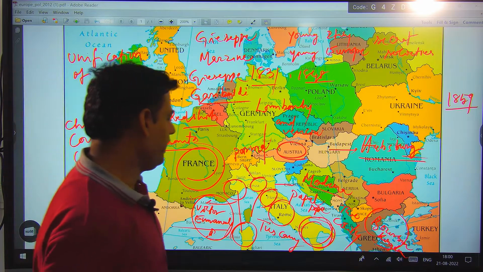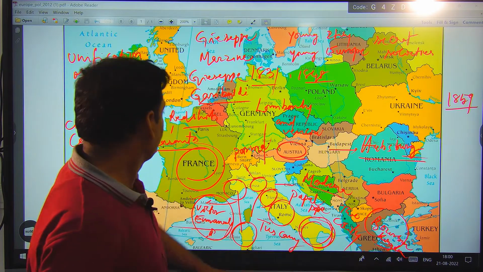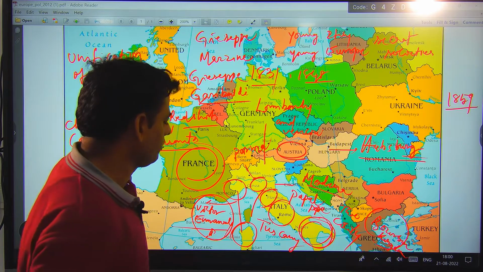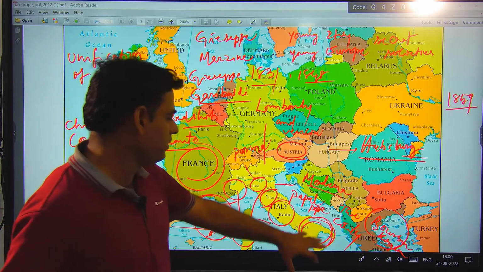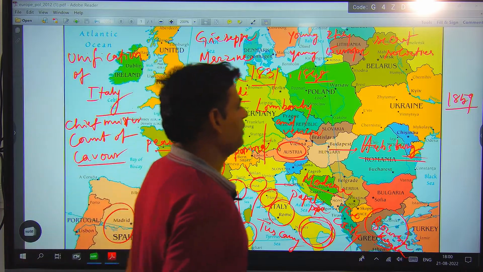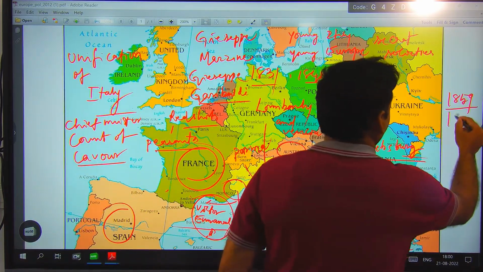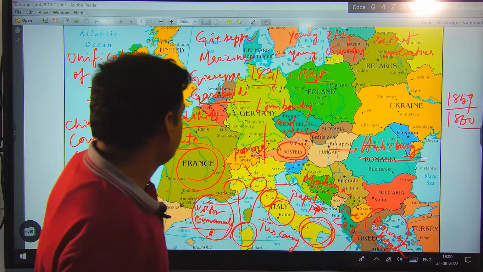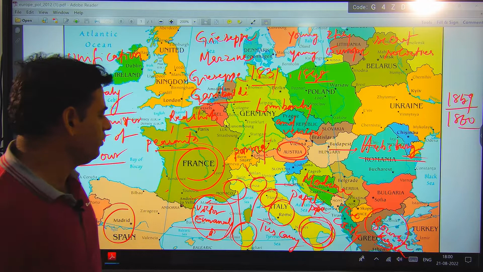So, now with the help of peasants, Giuseppe Garibaldi with his army, the Red Shirts, were able to defeat the Bourbon dynasty in 1860. So, those major kingdoms were defeated.